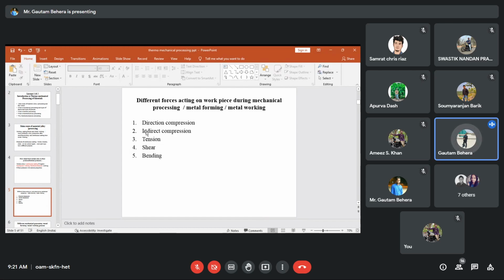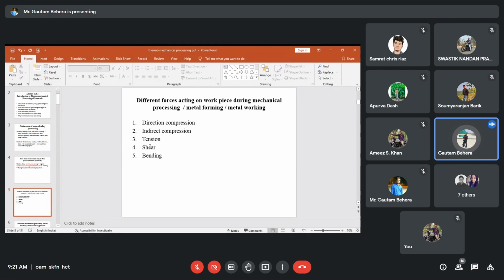But in indirect compression, the workpiece will be given some other kind of force, maybe tension, but at the contact point where the workpiece is in contact with the particular die, there the force will be in compression, but you are applying tension on the material, right? So that is indirect compression.